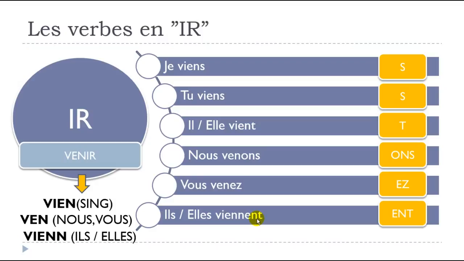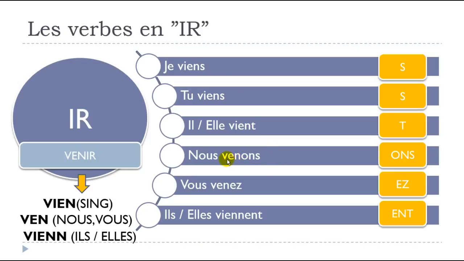And it can be quite tricky, especially phonetically, because you get this nasal sound here: je viens, tu viens, il vient, elle vient.